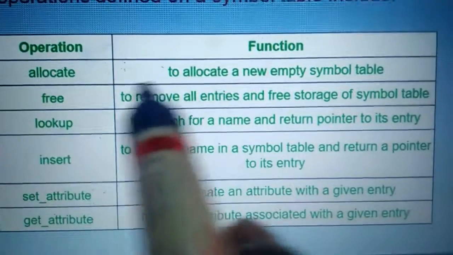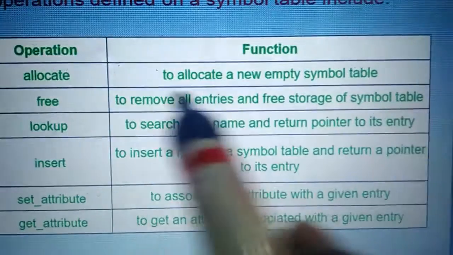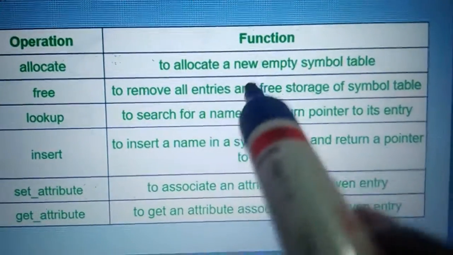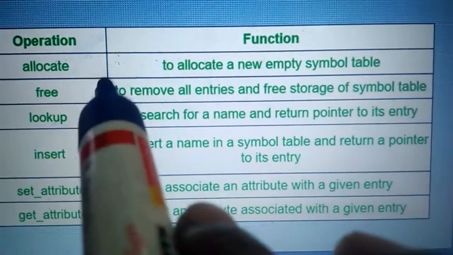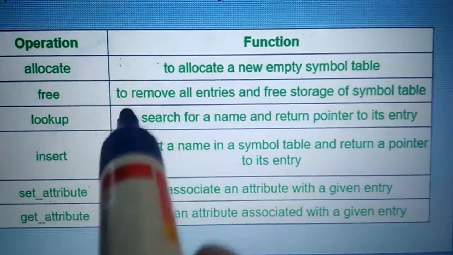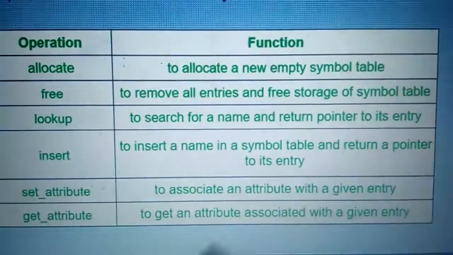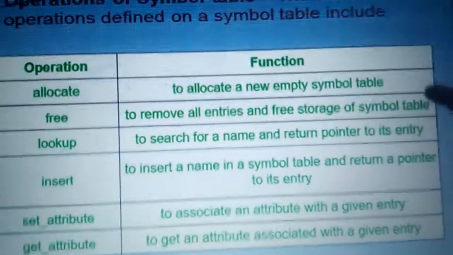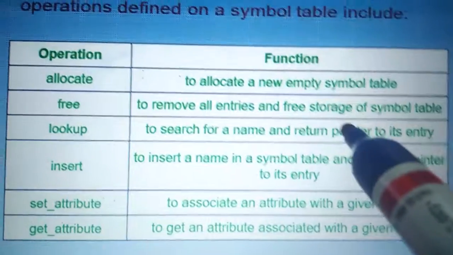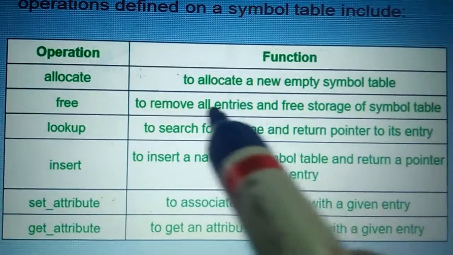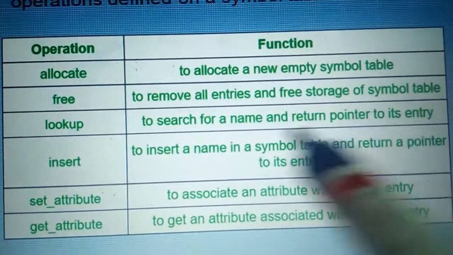Going deeper: allocate is to allocate a new empty symbol table, so make memory for it. Once the symbol table is no longer used by a particular program, we can free it, removing all the entries and freeing the storage of the symbol table.